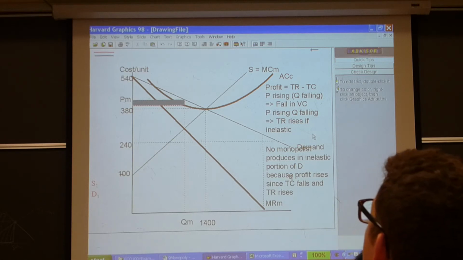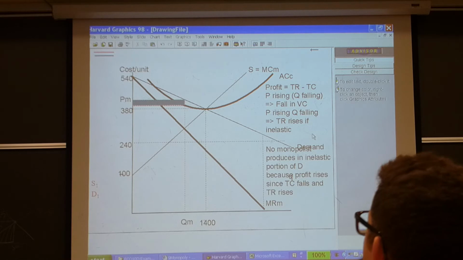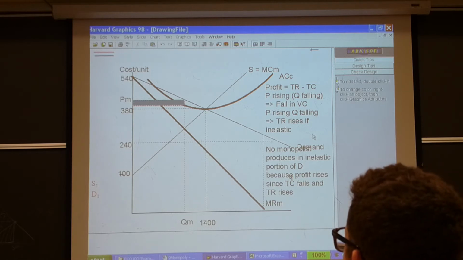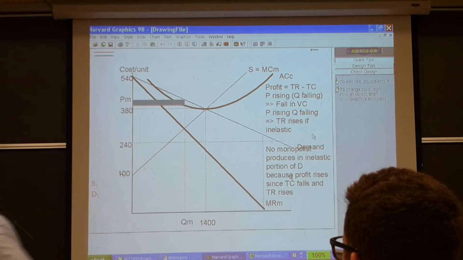Ever, ever, ever. Okay, now what about the elastic region? This turns out to be interesting. If I said to you, is the total revenue of a monopolist greater than a competitive firm, the competitive industry? Usually not. Because the monopolist never produces in the inelastic region. They produce in the elastic region.